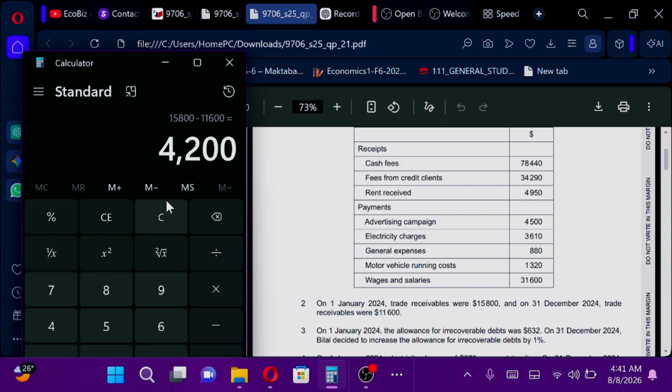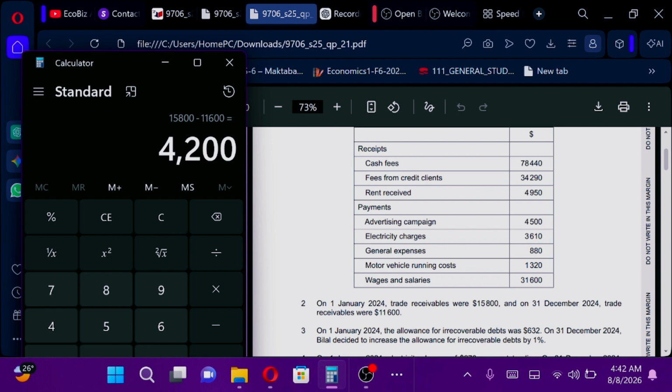Now this amount, we take it and subtract it from the fees from credit clients. This is because when we say fees from credit clients, what we basically mean is we have a business, and in this business we had some clients which we were supposed to receive money from, basically fees. But we chose to give them the service on credit, which means we gave the service to our clients, but they did not give us the money.